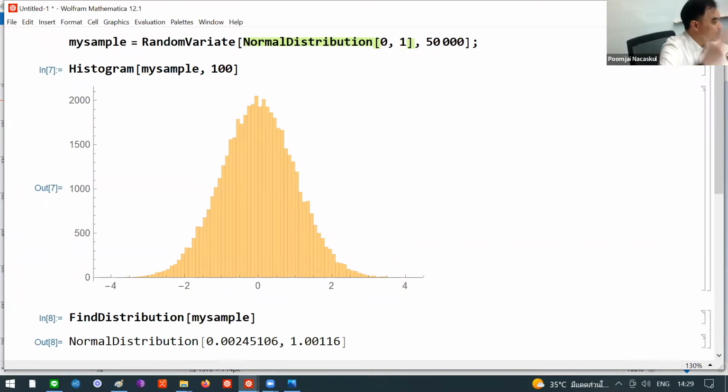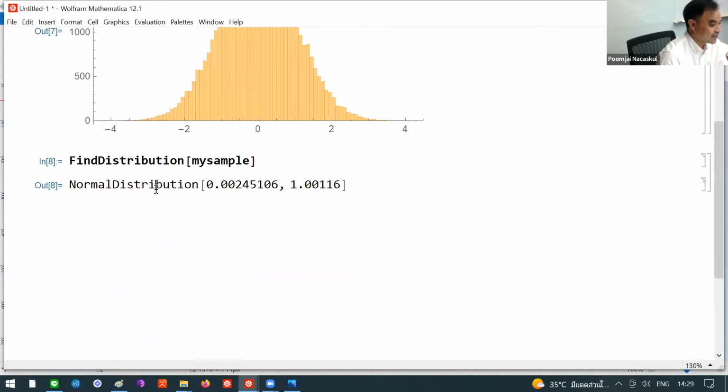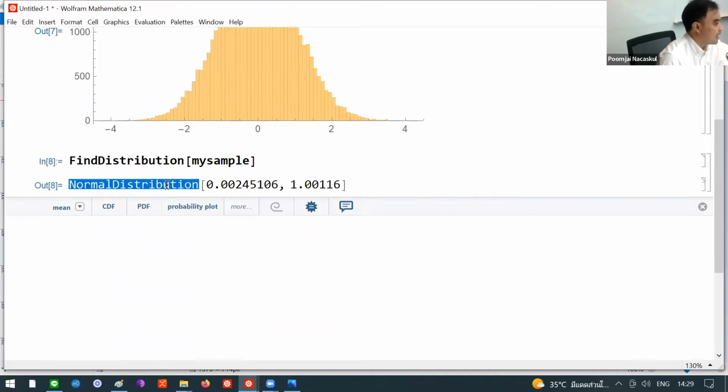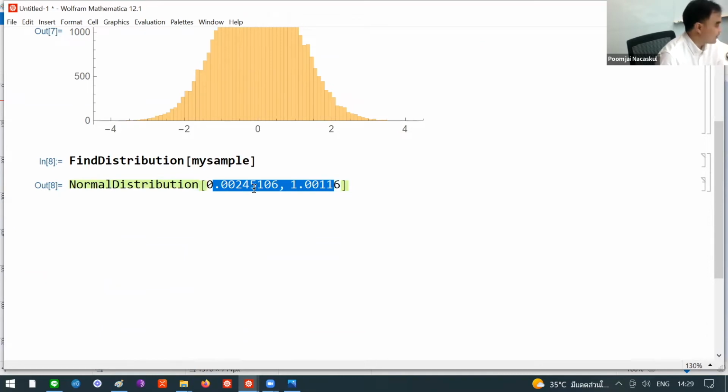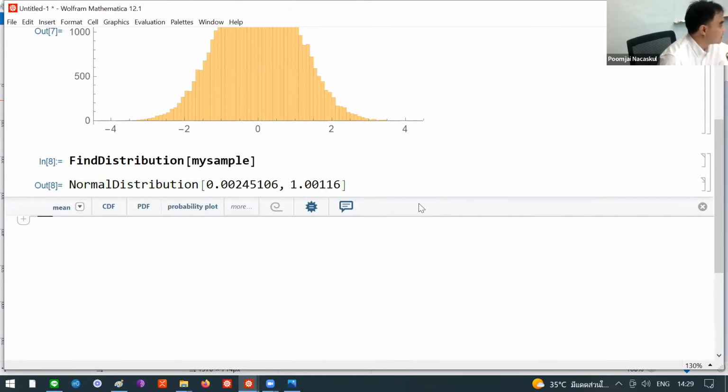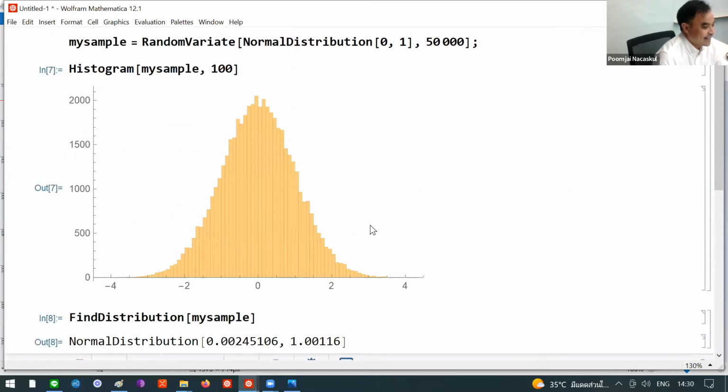When the computer tried to find the fit, because there's some kind of randomness, it's got the right name, normal distribution, but the tweak is not quite correct. It's very close. It's not 0 and 1. It is 0.024557, whatever. It's very close.